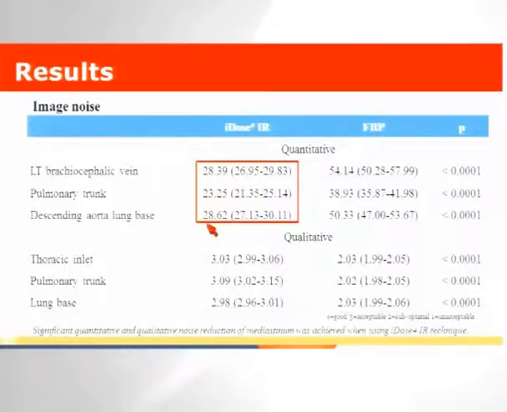The subjective image noises were also significantly better in images using iDose IR. The qualitative noise score was about 3 in iDose 4 IR, which is considered acceptable image noise, and about 2 in FBP images, which is considered suboptimal image noise.